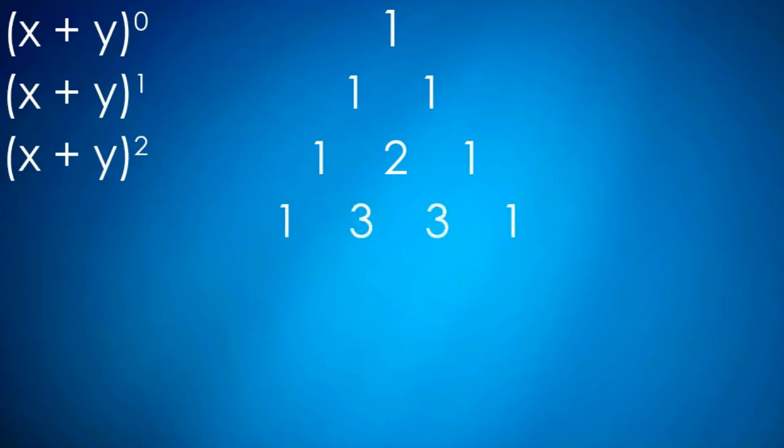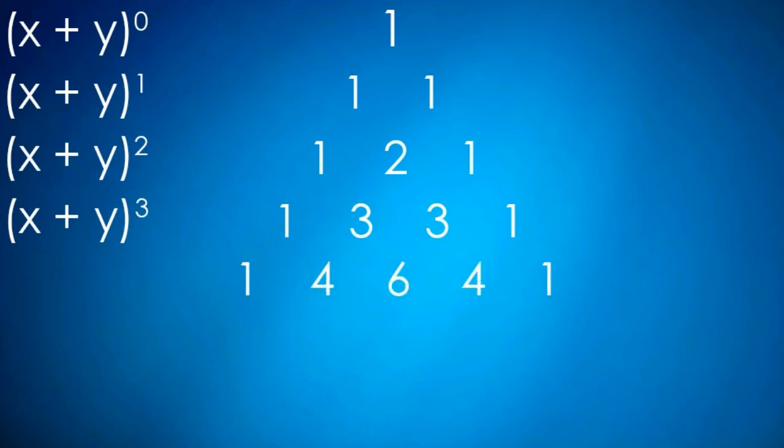Below 1, 2, 1 are numbers 1, 3, 3, and 1. These numbers represent the coefficients of each term of a cube of a binomial, because quantity x plus y cubed is equal to x cubed plus 3x squared y plus 3xy squared plus y cubed.